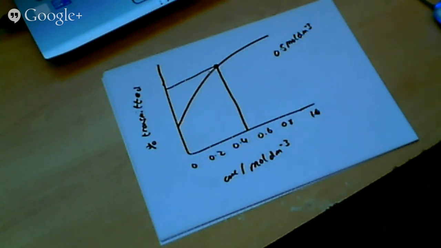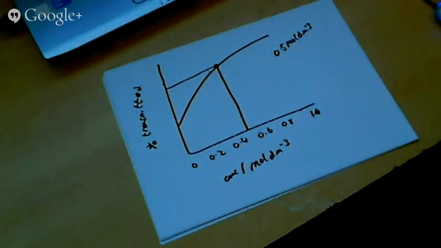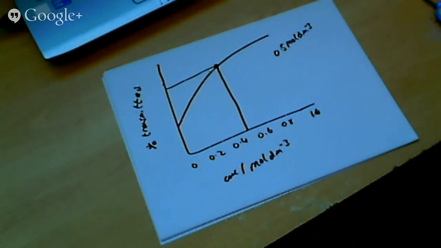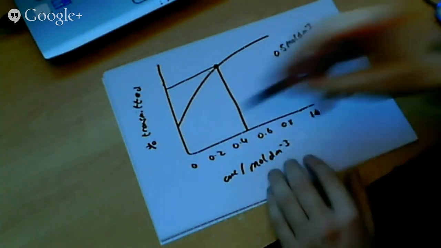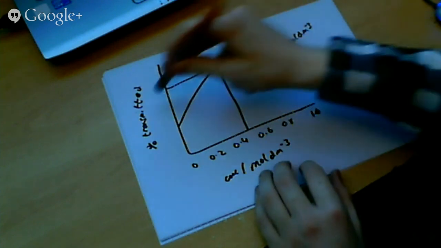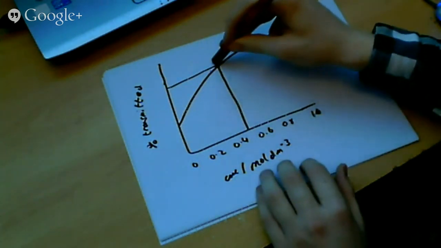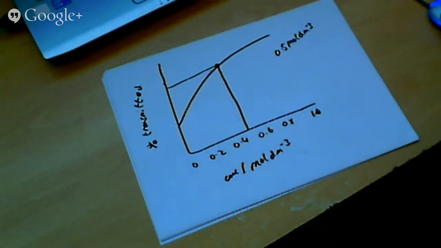So basically, you shine light through known samples, see the percentage transmission, and draw a graph, and this is a calibration curve. It's calibrating it. Then you try your own sample, see how much is transmitted, do a line across on your graph, a line down, and that's roughly where the concentration will be. Does that make sense?